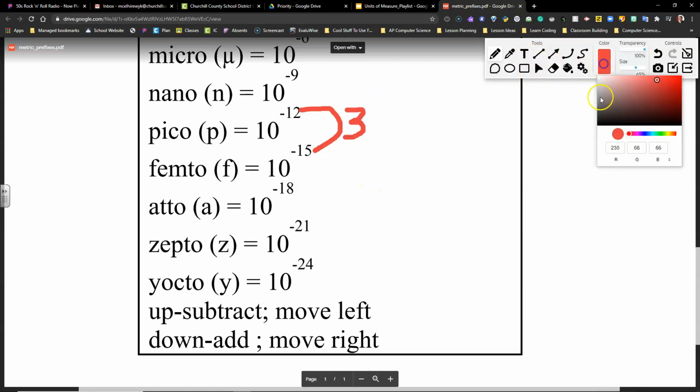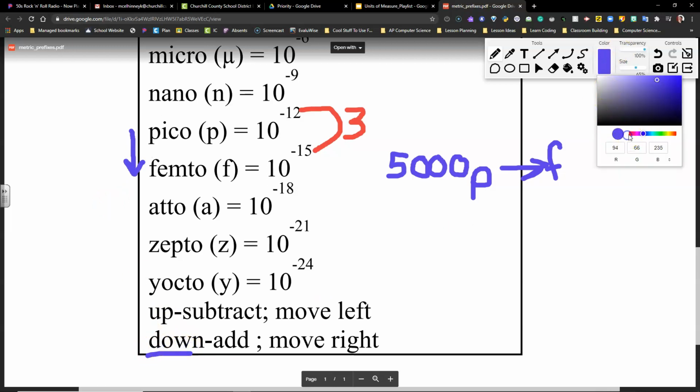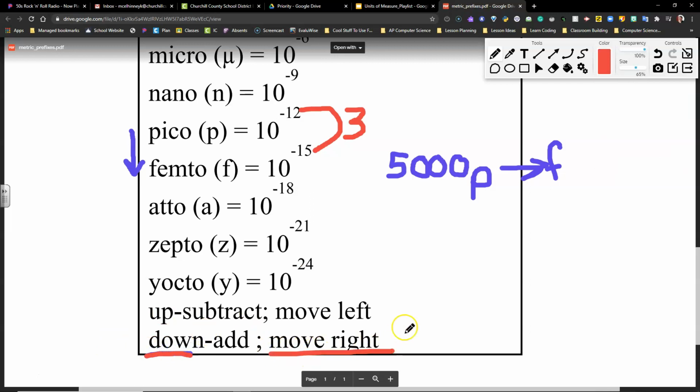Let's say we have 5,000 pico, and we want to go to femto. We're moving down the chart, so we move the decimal place to the right.